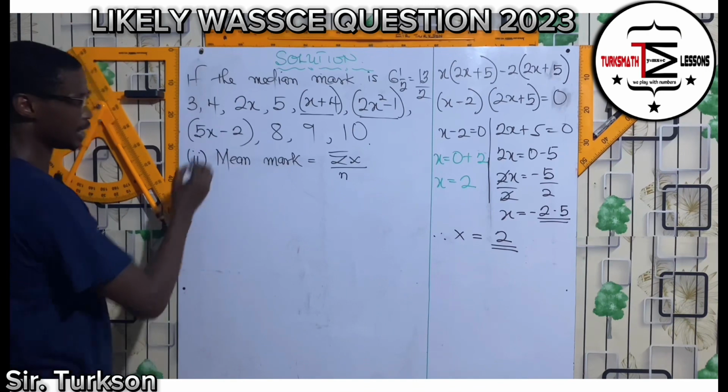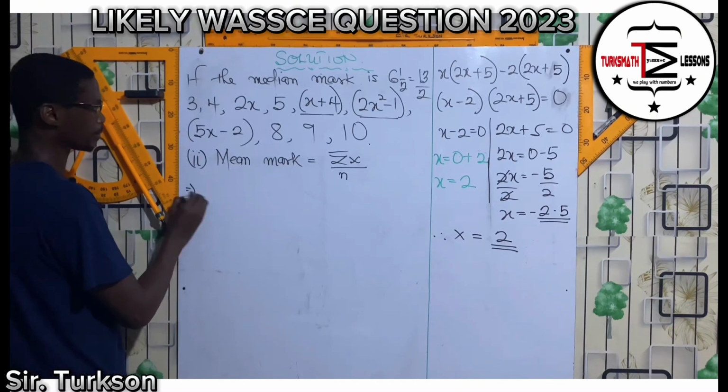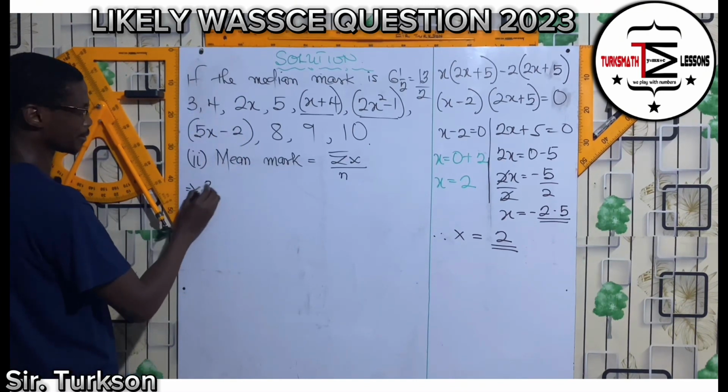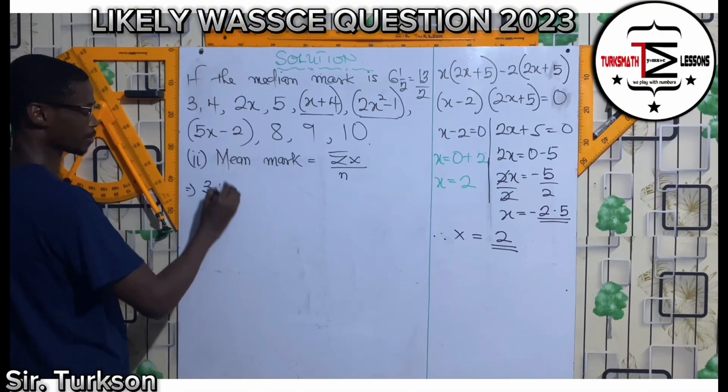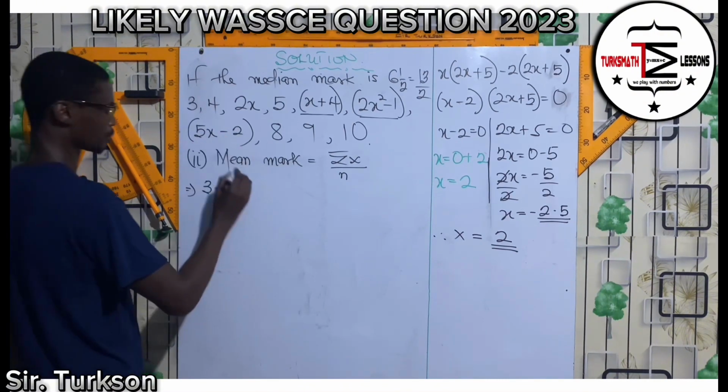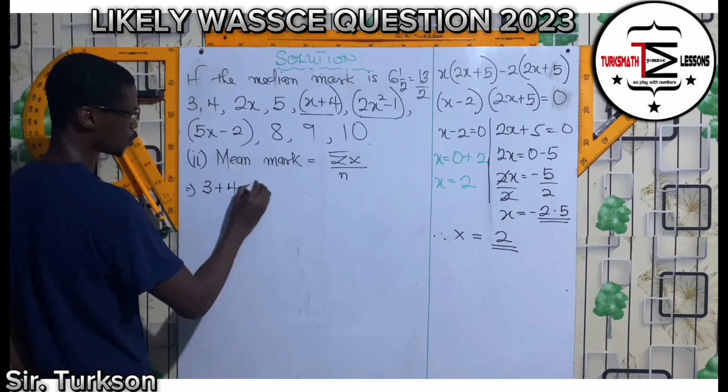So here I'm going to have this one is 3 plus 4 plus 2.